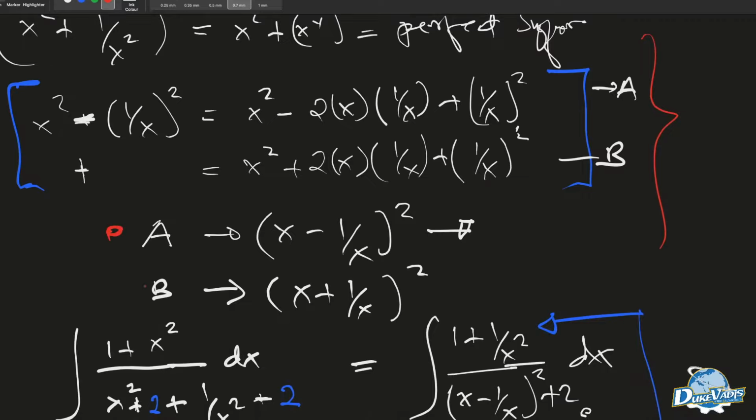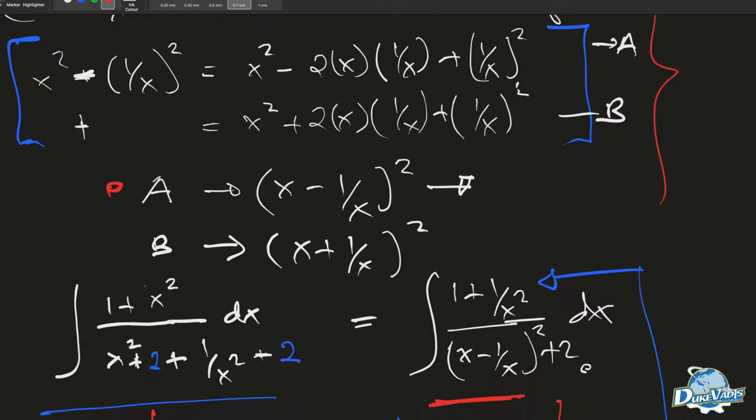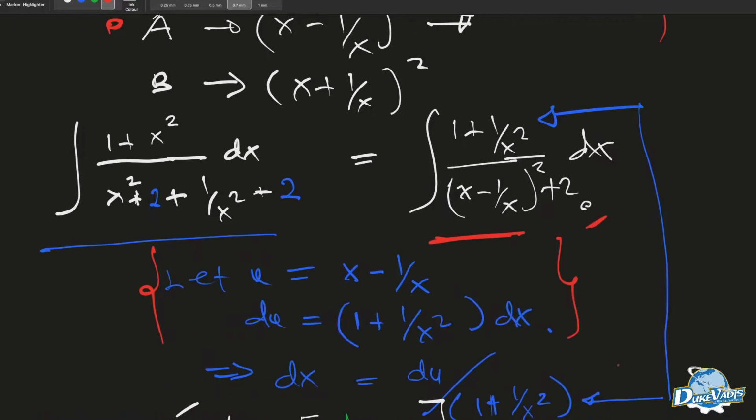So we decided to use 1 minus 1 over x all into bracket squared. Why? Because if we have x squared plus 1 over x squared, when we add 2 here and subtract 2 over here, this will give us this expression. So this one helps us to be able to integrate it.